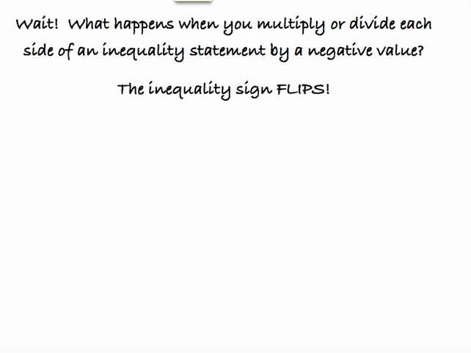So what happens when you multiply or divide each side of the inequality statement by a negative? We know that the inequality sign is going to flip, and here's why. I know that 2 is less than 5. I think you would agree with me. So if I take that 2 is less than 5 and multiply each side by negative 3. Typically, if you multiply something, it makes for a bigger number, correct?